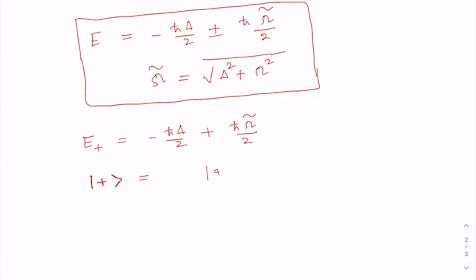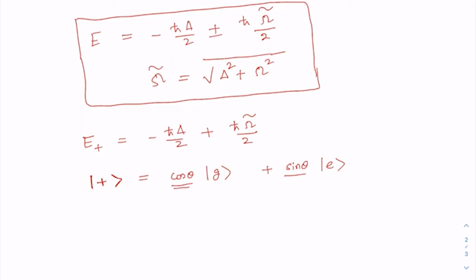Because I know that the ground state |g⟩ and the excited state |e⟩ are the basis states for the two level system, I can express it with coefficients we are going to work out: cos θ and sin θ.